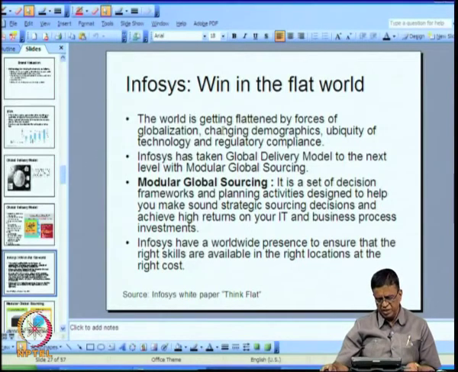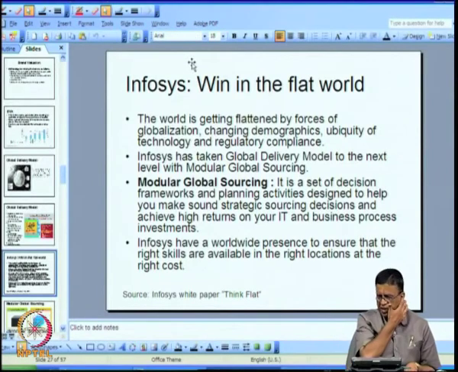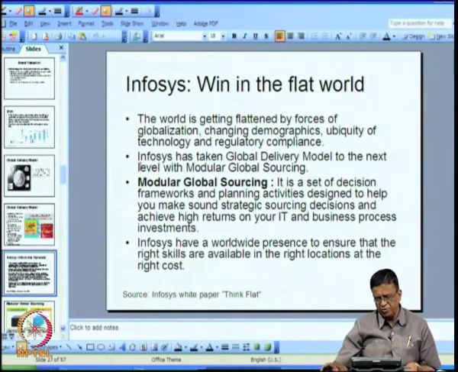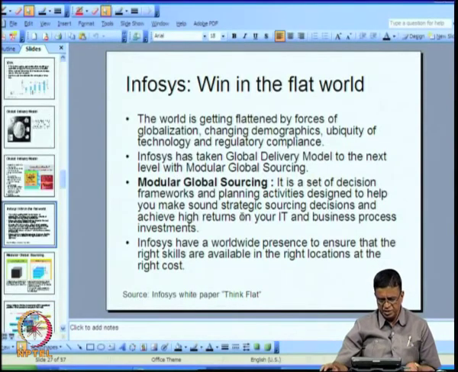If you really see, the white paper of Infosys tells how Infosys wants to win in the flat world. So, it gives you this modular global sourcing. What is it? It is a set of decision frameworks and planning activities designed to help you make sound strategic sourcing decisions and achieve high returns on your IT and business process investments.